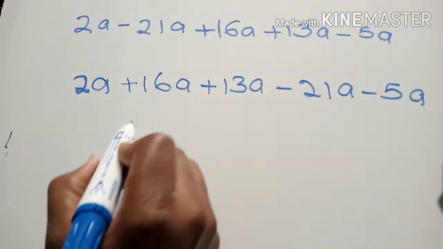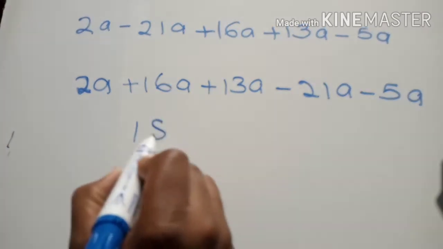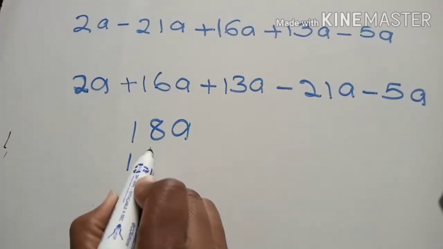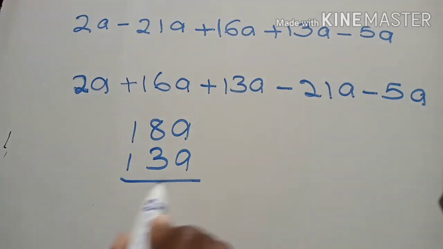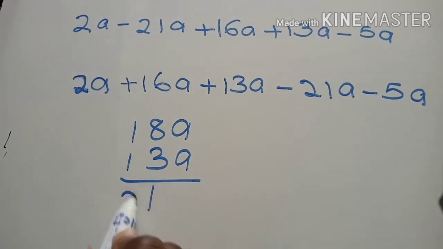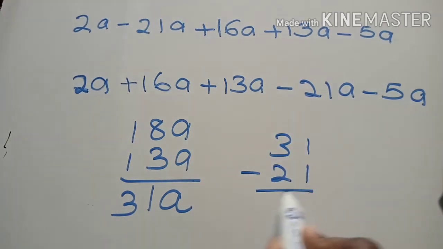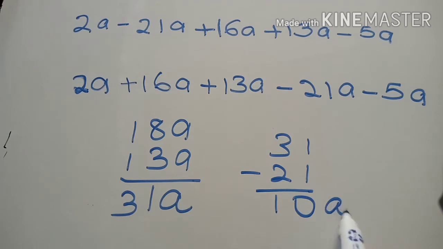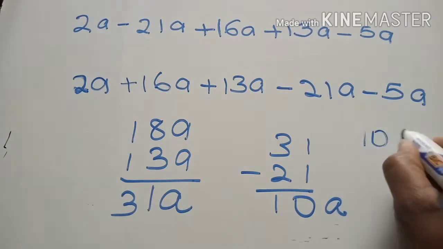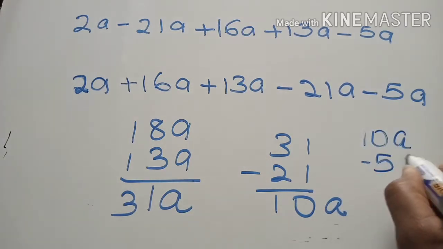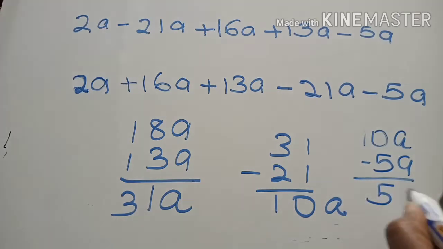So 2a plus 16a, that's 18a. 18a plus 13a is 31a. Now 31a, take away 21 is 10a. Now 10a, take away 5a, that's 5a.